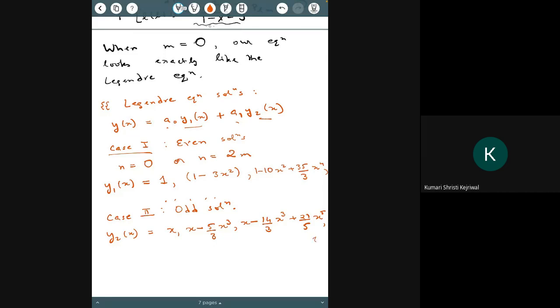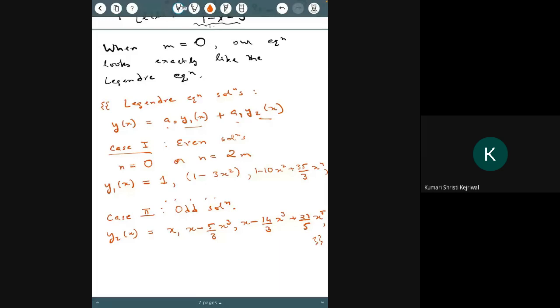These solutions were already determined by Legendre like I said 100 years back. Once we get the recursion relation, I can show you how to verify that.